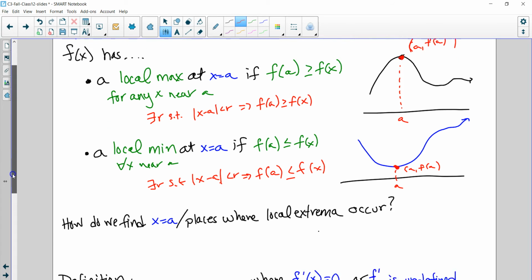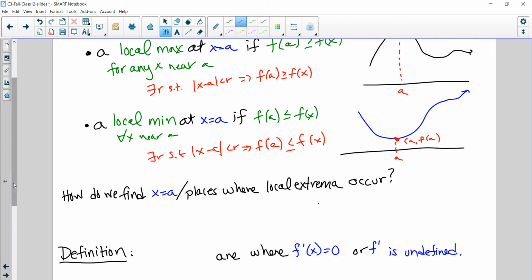Okay, and so maybe you remember some definitions, maybe not, but we call those points critical points. And so we talk about critical points as where the derivative is 0 or where the derivative is undefined.